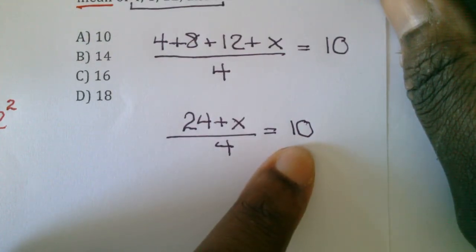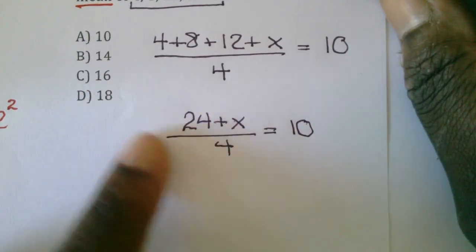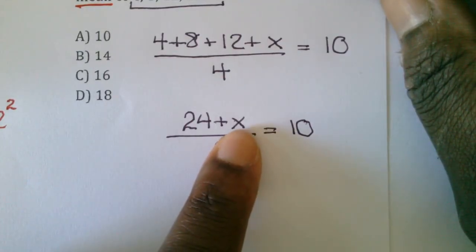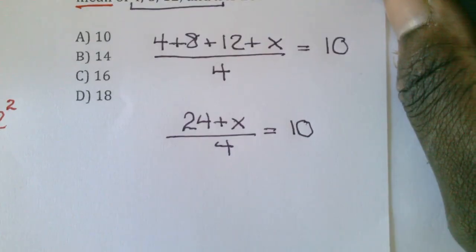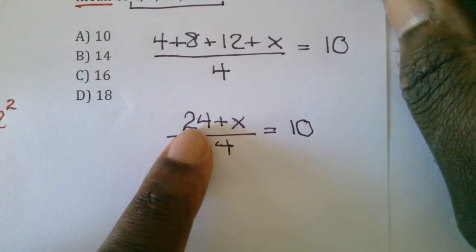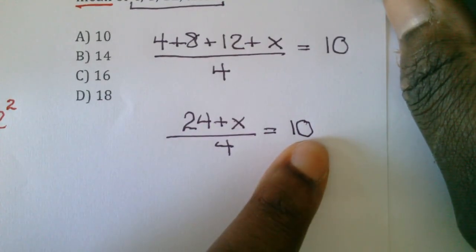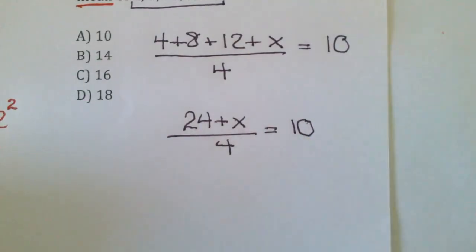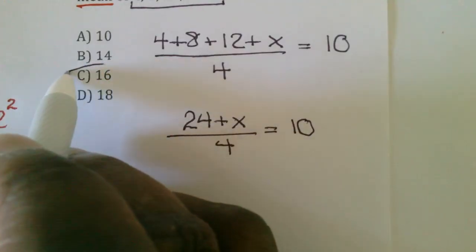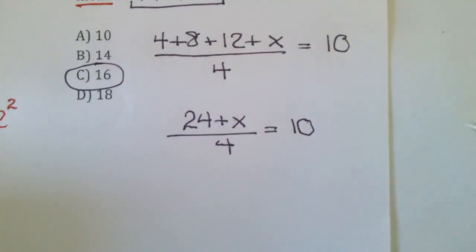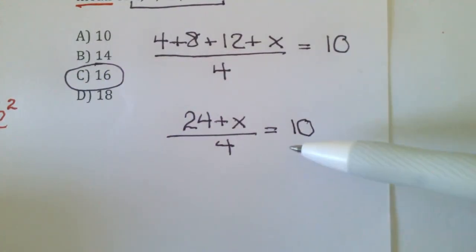No, that's going to give me a decimal. If I plug 16 in, that will give me 40. And 40 divided by 4 gives me 10. So we can do it that way. That's one way of doing it. But knowing the setup helped us to narrow it down to plug it in that way.